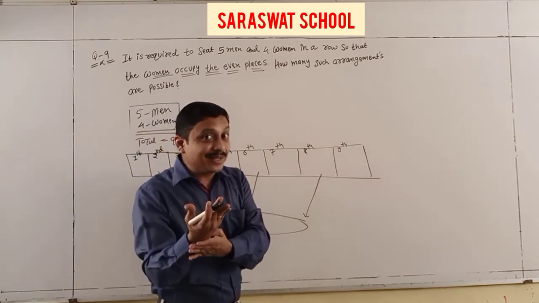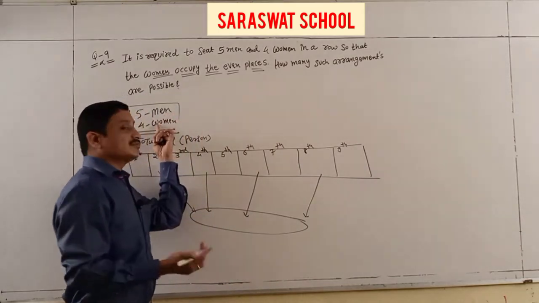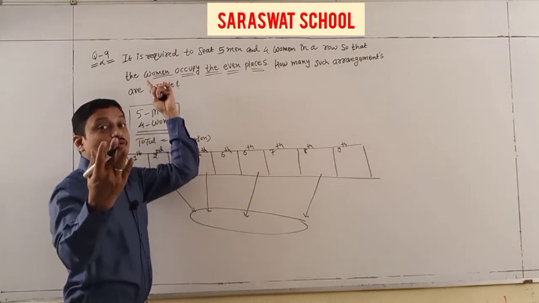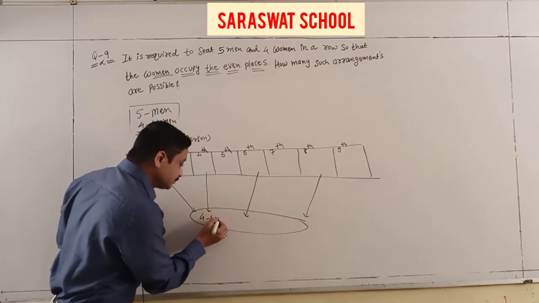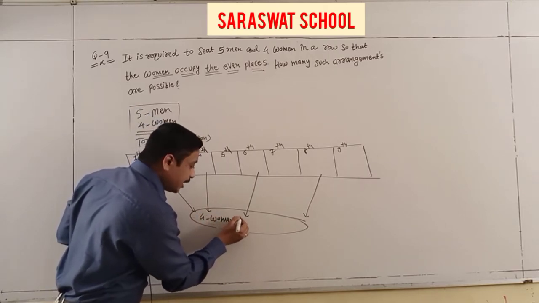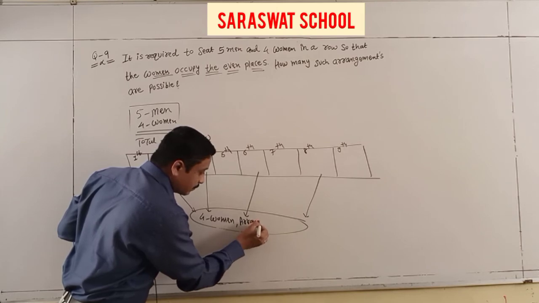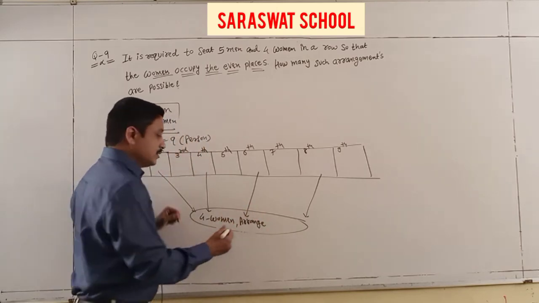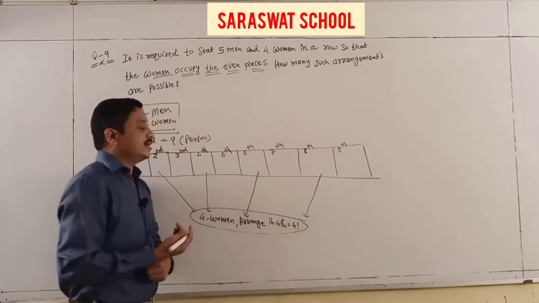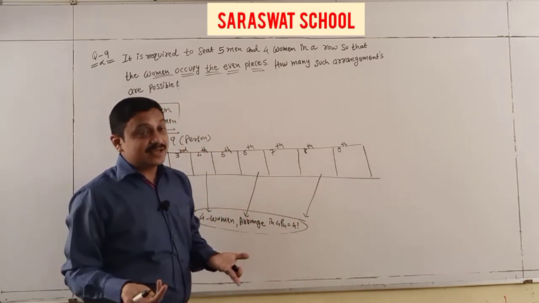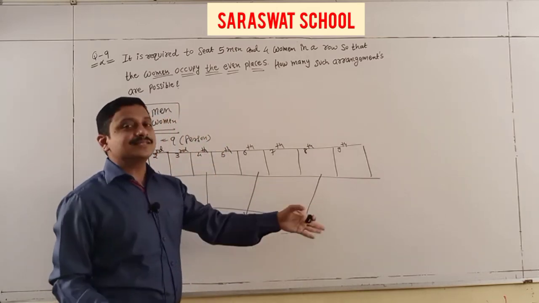In these even places, how many total? 4. And for 4 places, how many total women? 4, because we are asking that 4 women be seated at even places. So here 4 women are arranged in 4x4, 4 factorial ways, and the other 5 places are for the 5 men.